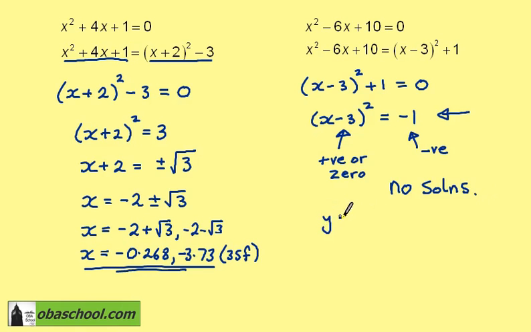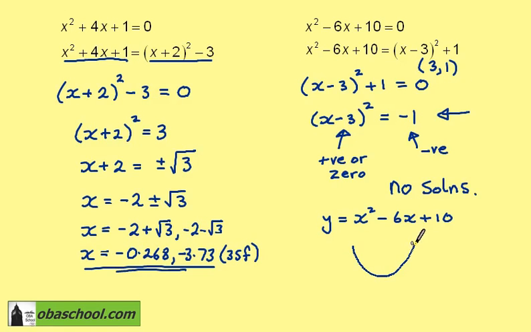We've now met y equals x squared minus 6x plus 10 in a few of our videos. We've seen the completed square form, and we know this gives the minimum value as 3, 1.